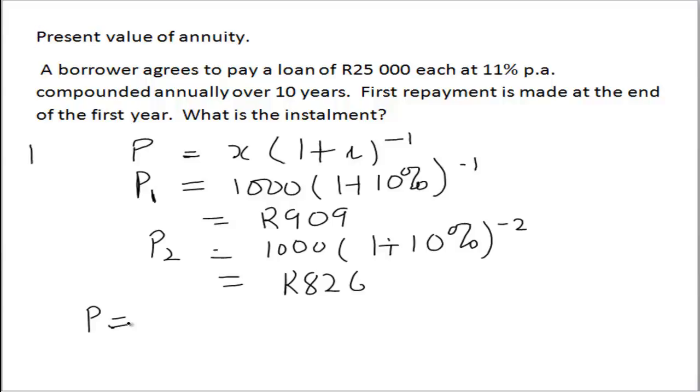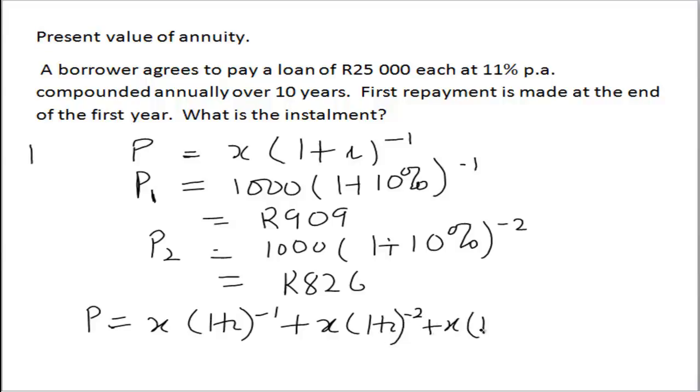So your first installment is x into (1 plus i) to the minus 1, second installment x into (1 plus i) to the minus 2, and third installment x into (1 plus i) to the minus 3, and so on until you come to x into (1 plus i) to the minus 10.